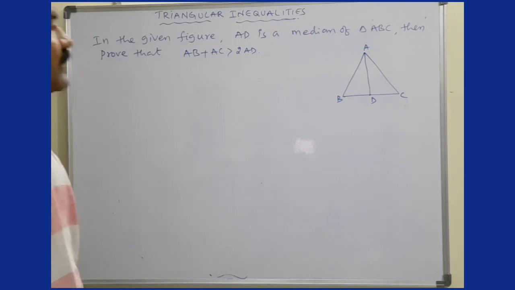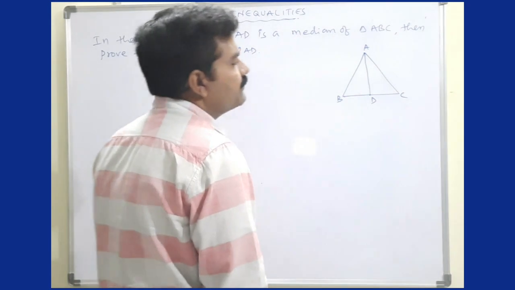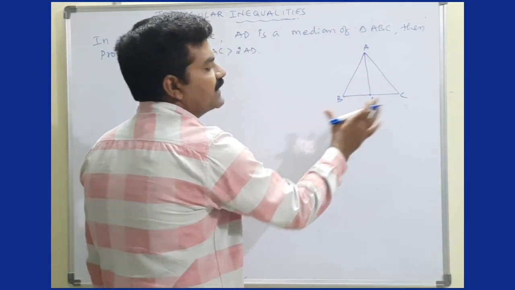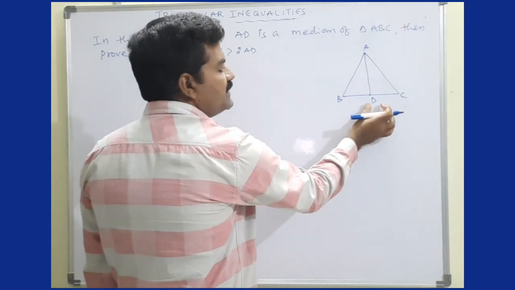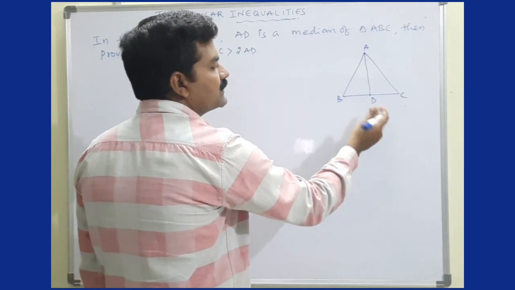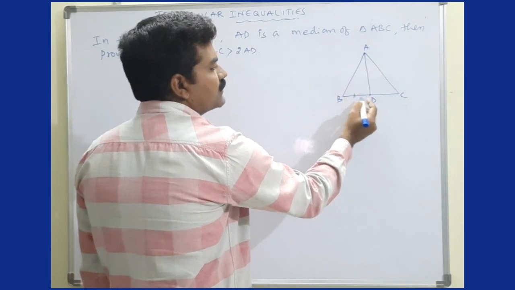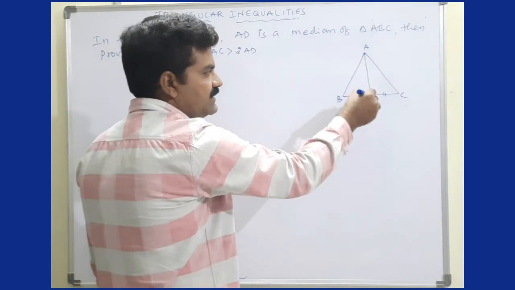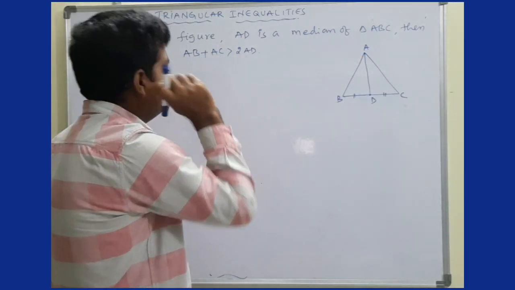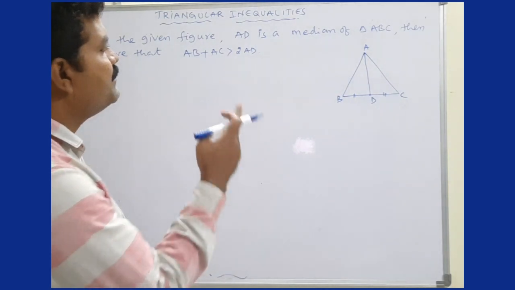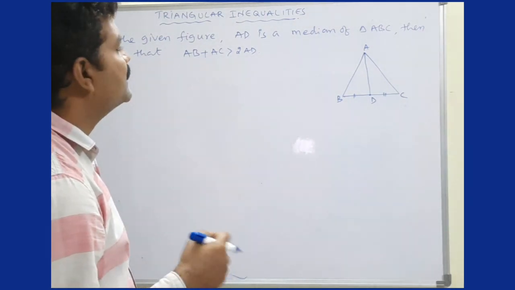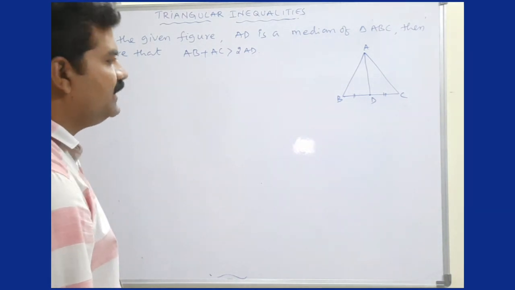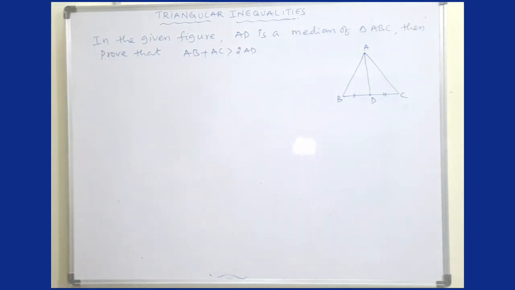The line joining a vertex to the midpoint of the opposite side. I mean, here D is the midpoint of BC. So this part is equal to this part. So AD is the median. Now we need to prove that AB plus AC is greater than twice the median length AD. Isn't it?